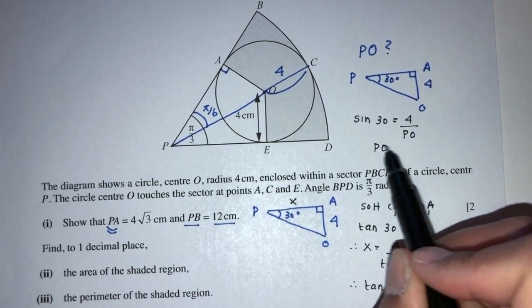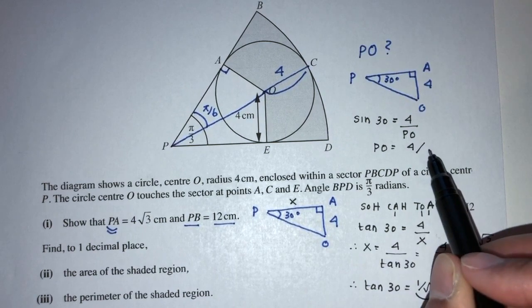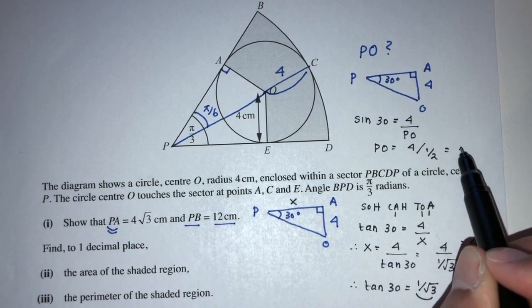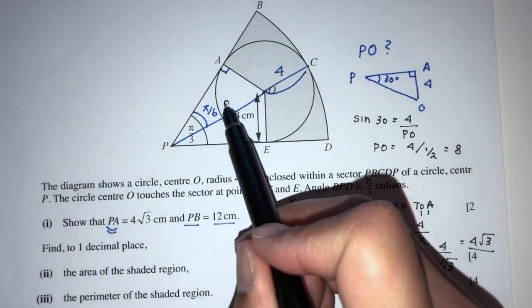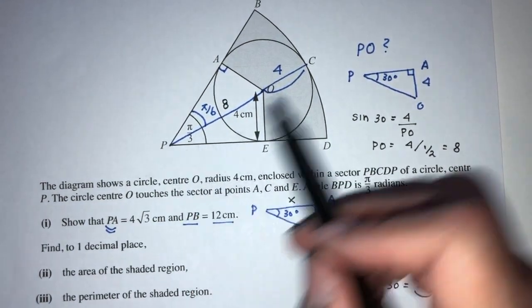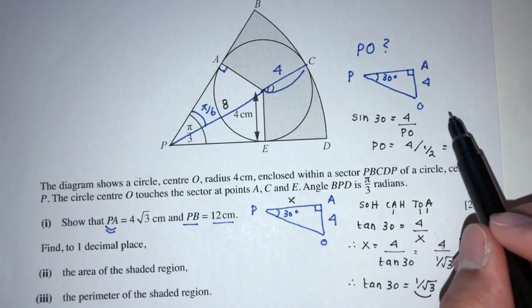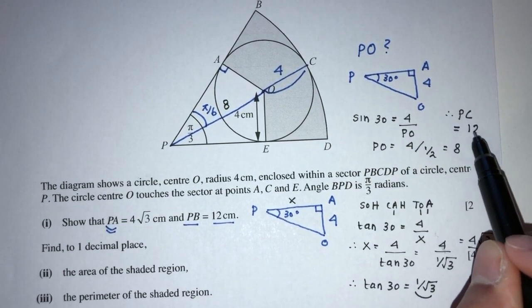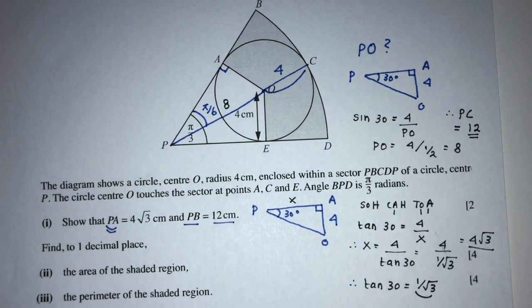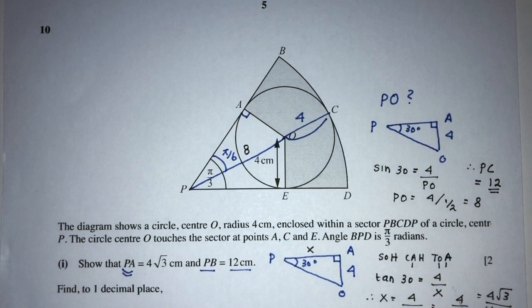So PO will be 4 divided by sine 30, which is half, and that will be 8. So basically the length of PO has to be 8. So we conclude that from this, PC has to be 12, which also means PB has to be 12, because PC is the radius of circle center P, and PB is also the radius, so PB is equal to PC is equal to 12, shown as required.